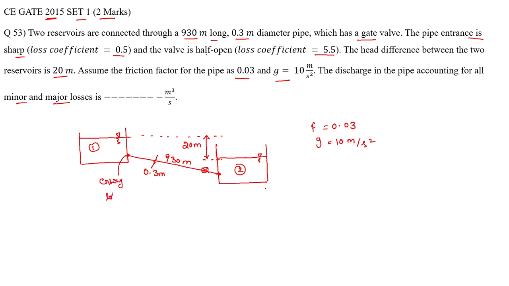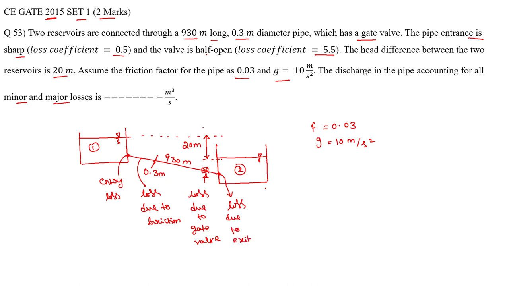Then friction loss. Then at the gate valve there will be one loss, the gate valve loss. And the exit loss. Correct, good, loss due to exit.